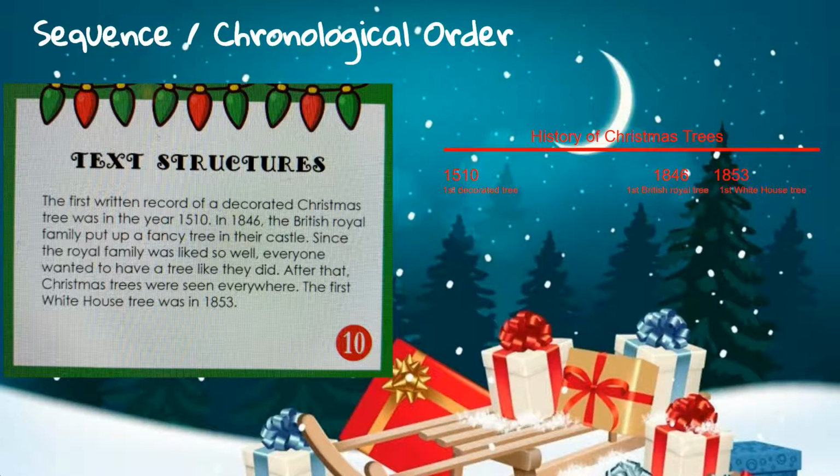Since the royal family was liked so well, everyone wanted to have a tree like they did. After that, Christmas trees were seen everywhere. The first White House tree was in 1853. We can see in this text the years 1510, 1846, and 1853. Those years are in order, and I can put them on a timeline.